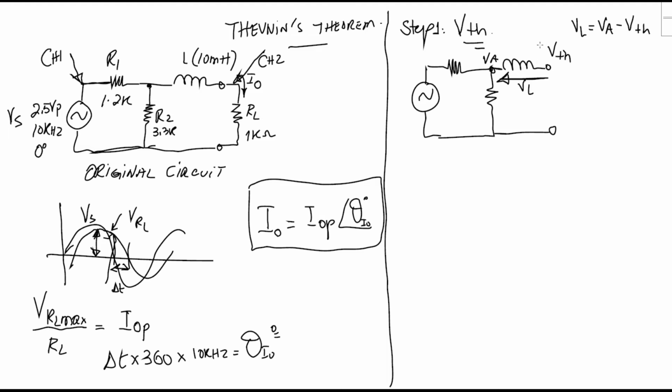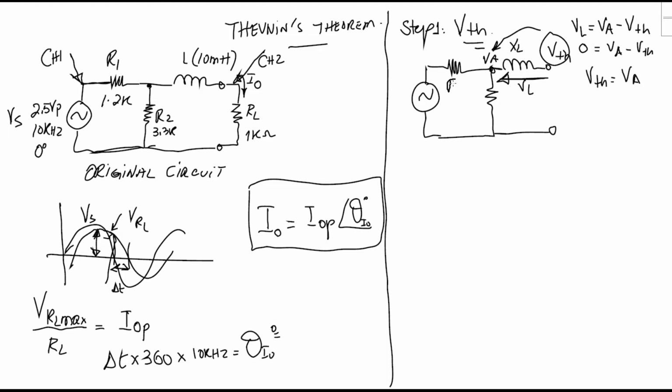Now, since XL times 0 will be 0, that is VL, so VL will be 0 equals Va minus Vth. Therefore, Vth will be equal to Va. That's why I told you this value of Vth on this point will be seen here. It's similar to that point.